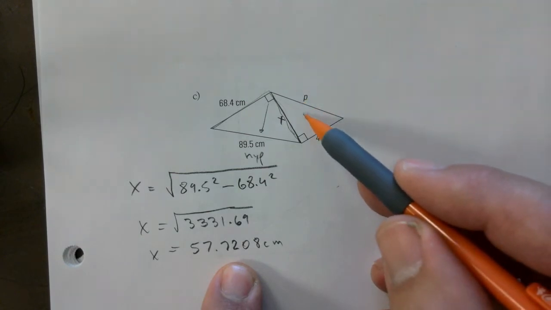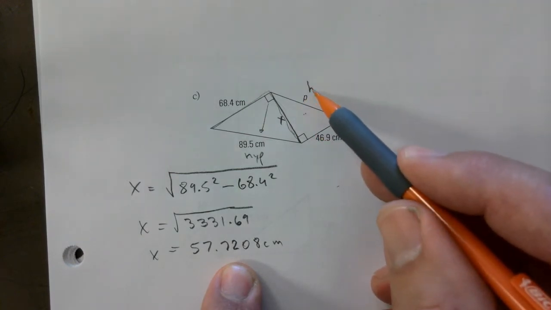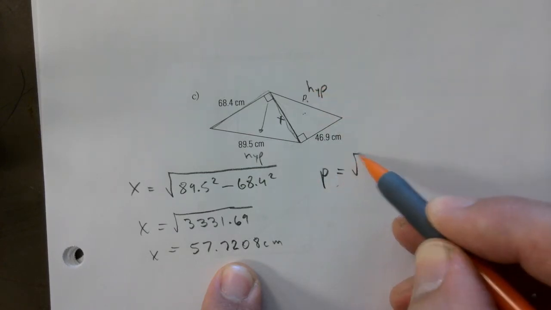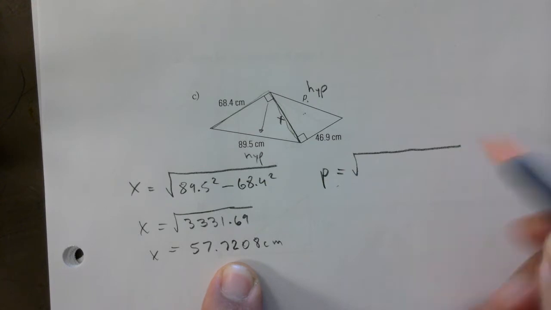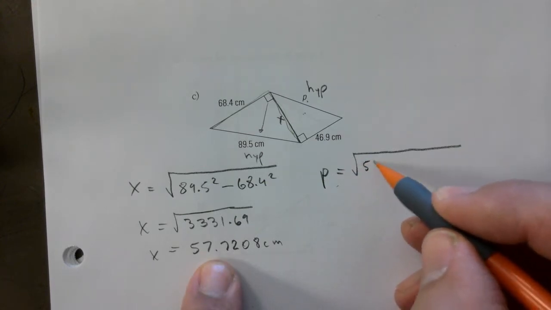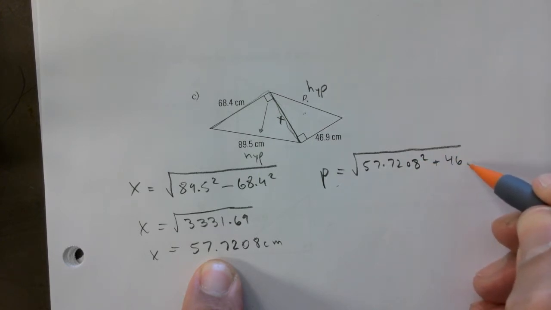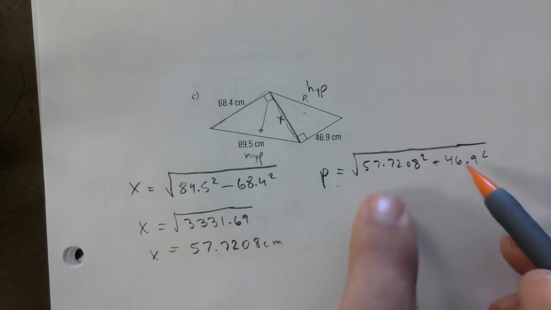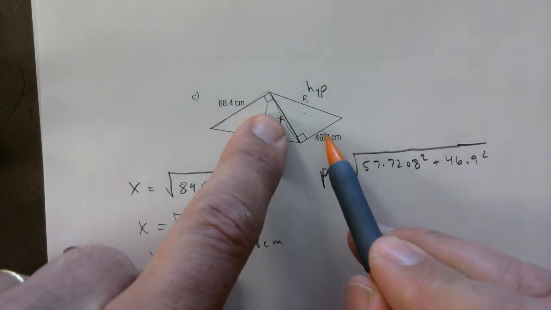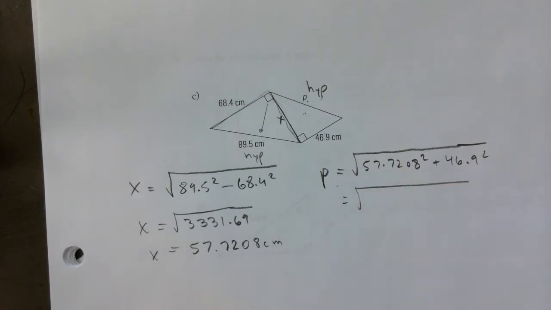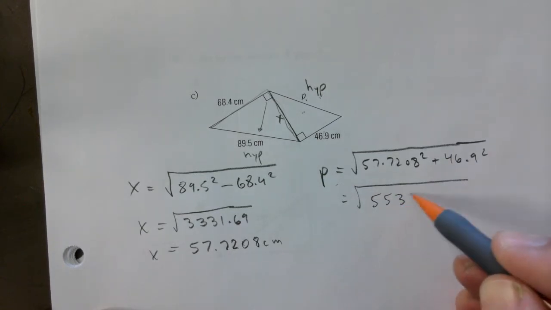So now if we're looking at the second triangle, P is our hypotenuse, right? So that's what we're missing. So to find P, we have to take the square root of 57.7208 squared plus 46.9 squared, right? Because now these are our two legs and we're missing the hypotenuse. So that gives us 5,531.3.